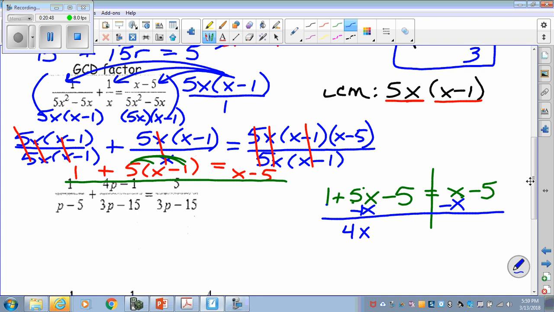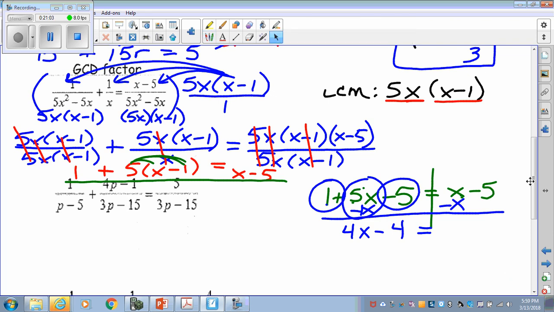And then 1 minus 5 is -4. Right? Because these are my like terms. And these are my like terms. So you can combine those and you can combine these guys. Because these were my numbers. And then now that x minus x is 0, and then I'll bring down this, the negative comes with that 5, so I have -5.